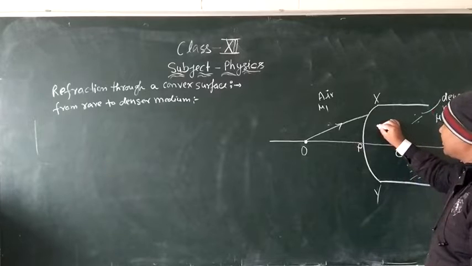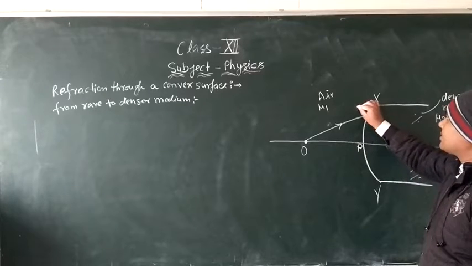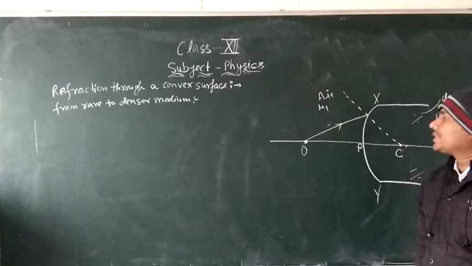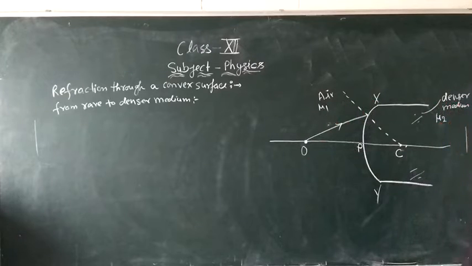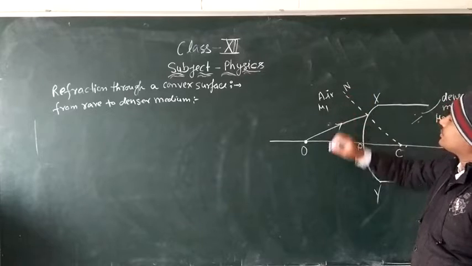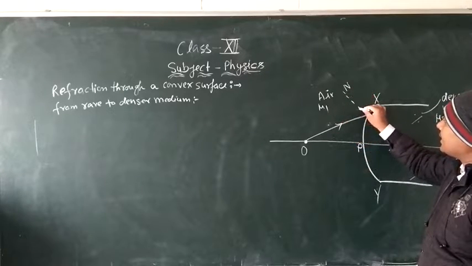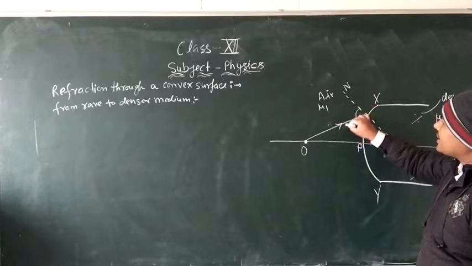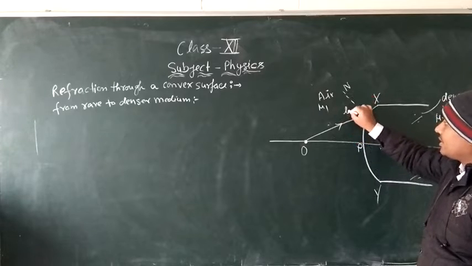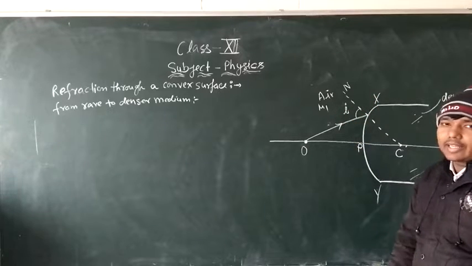This is the normal, because a line drawn from the center of curvature is always normal. This is the incident ray, and the angle between the incident ray and the normal is called the angle of incidence.